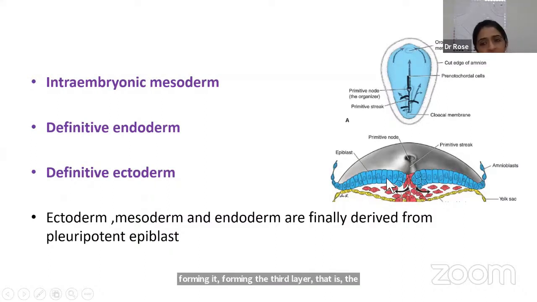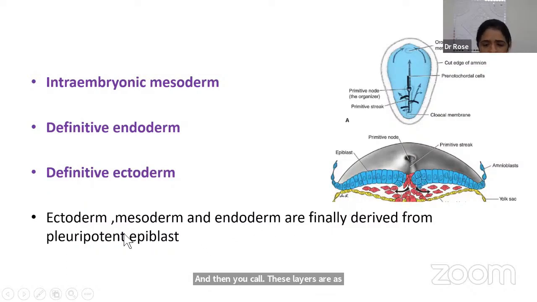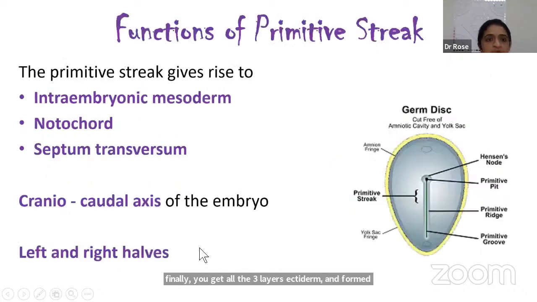Later the epiblast and hypoblast cells are replaced by these differentiating cells, and you call these layers definitive ectoderm and definitive endoderm. So finally, you get all three layers, ectoderm, mesoderm, and endoderm, formed from the pluripotent epiblast layer.